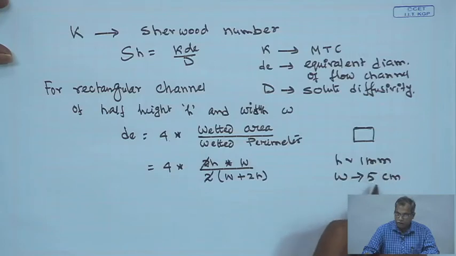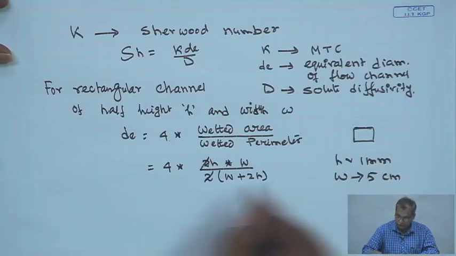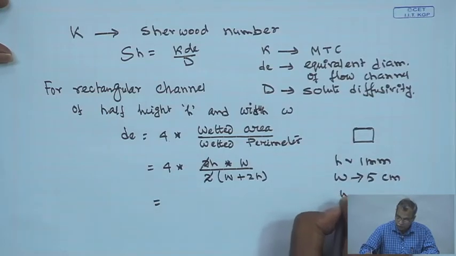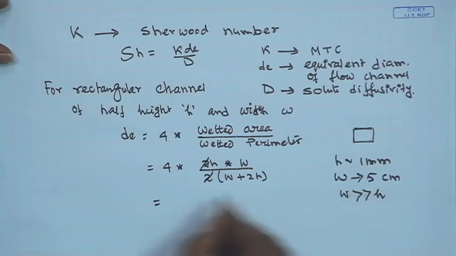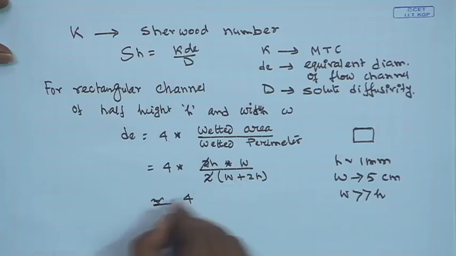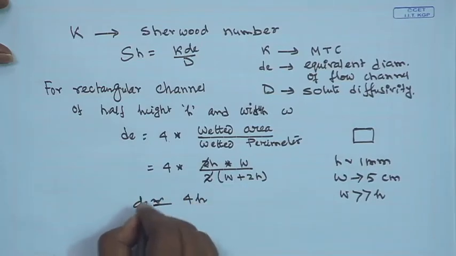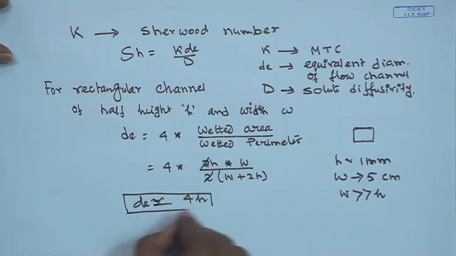So, this will be two orders of magnitude less. Therefore, w is much greater than h. So, 2h will be very small and w will be cancelling out. So, one will be getting d equal to roughly 4 into half height.